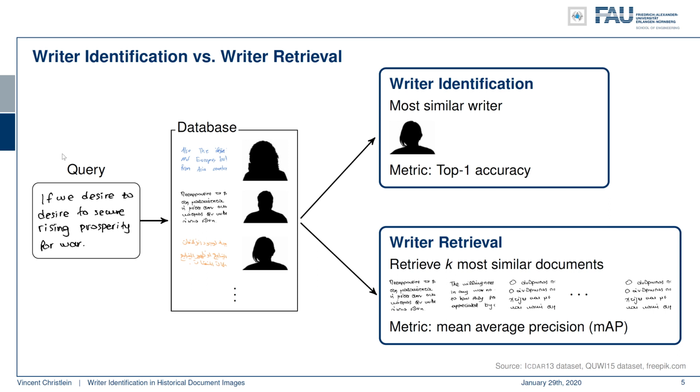What is more prominent, and also more user-friendly, because you not only see what the PC decided on, is writer retrieval, so that you get the K most similar documents. This is typically measured not in accuracy, but in mean average precision, so you look at the total ranks and ask what the best rank is on average.